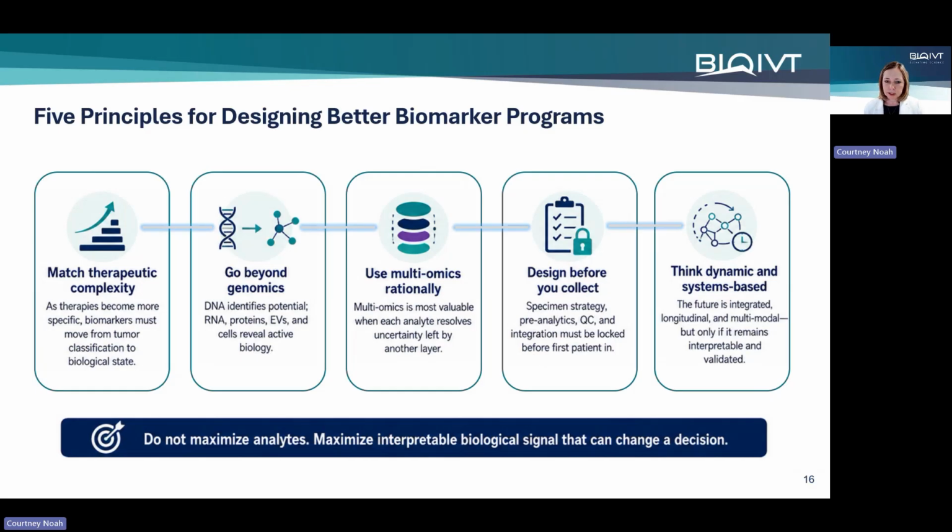The future of biomarker development will increasingly be longitudinal, integrated, and multimodal. We'll start to move away from just those isolated measurements and towards models that better capture biological change over time. If there's one message I'll leave you with, it's don't maximize analytes, maximize the interpretable biological signal that can change a decision.